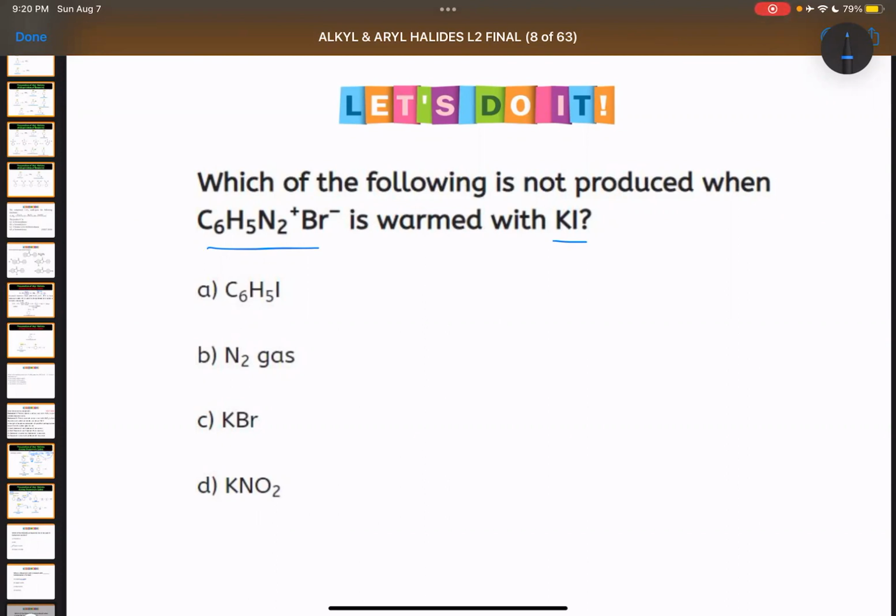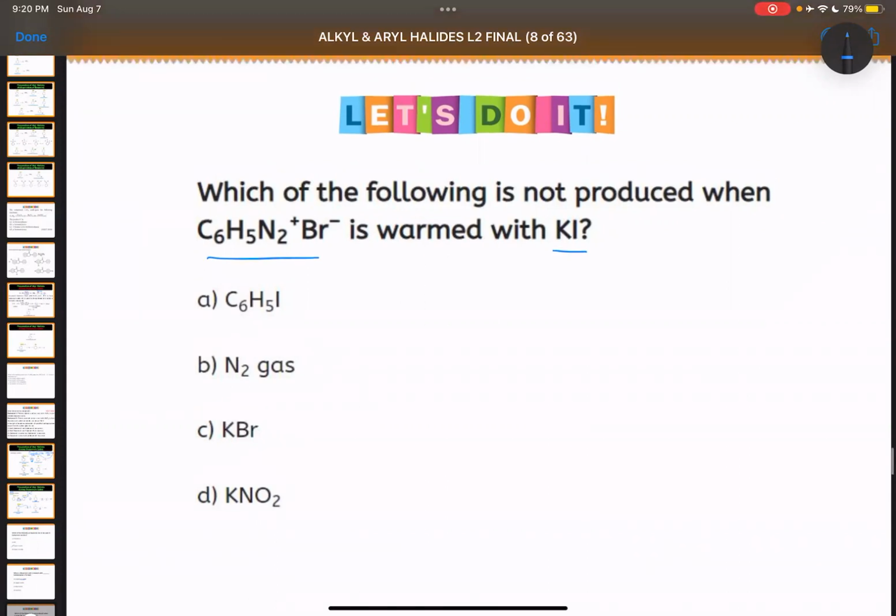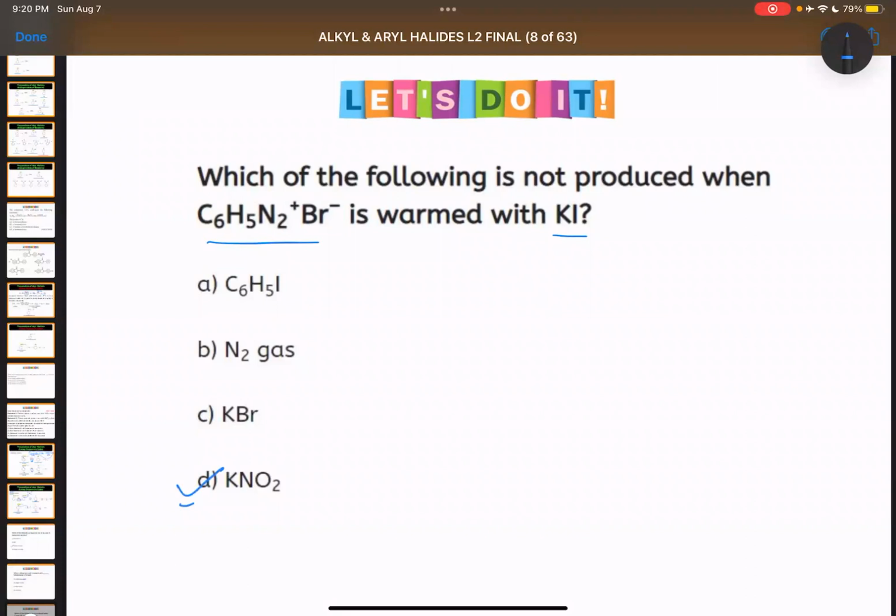Option D. Yeah, very good, because you can think in this way. This is benzene, this is N2 plus. Let me give the answer very quickly, though you are absolutely correct.